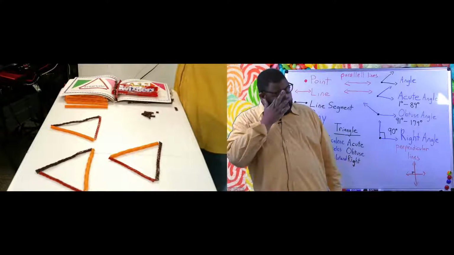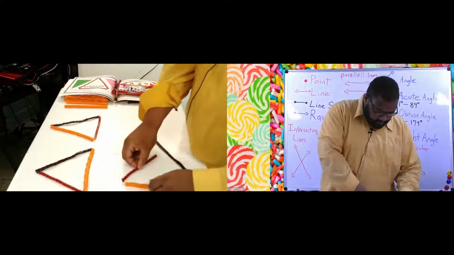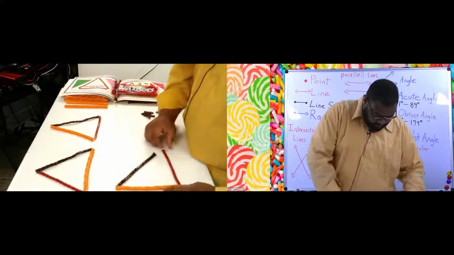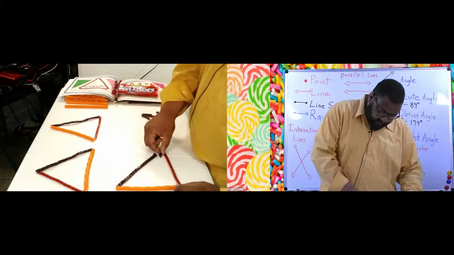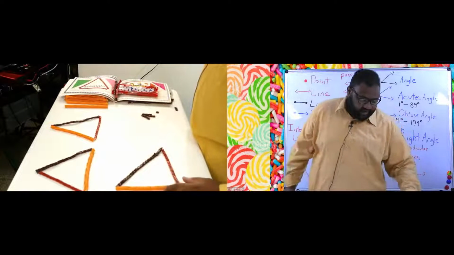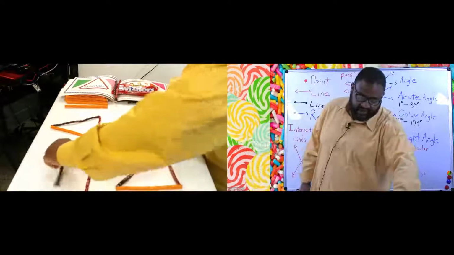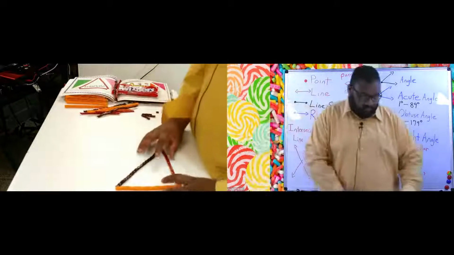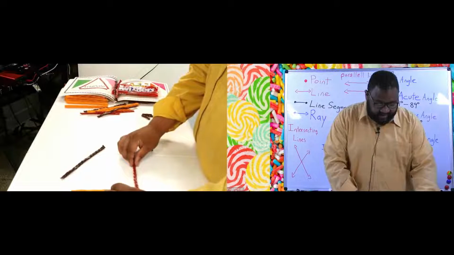Now, I'm going to see, can I try this real quick? Got to put an extra piece in here for that. But what's happening here is this. This is what we call a right triangle. Because what I'm doing with my red right now, I'm making a letter L on my side.